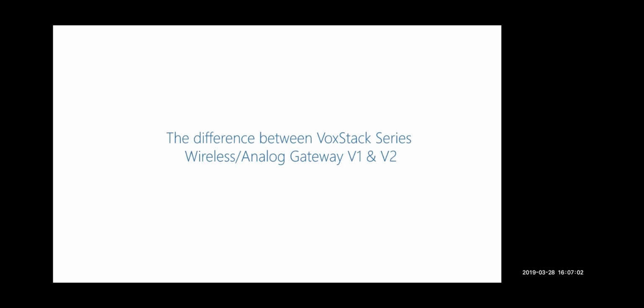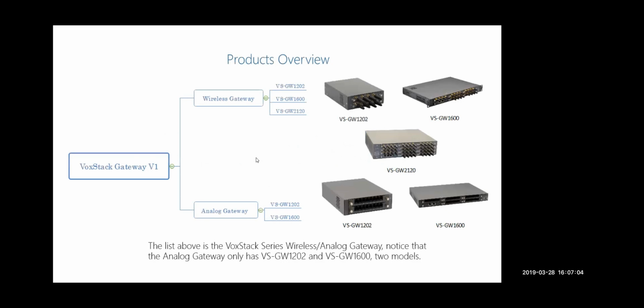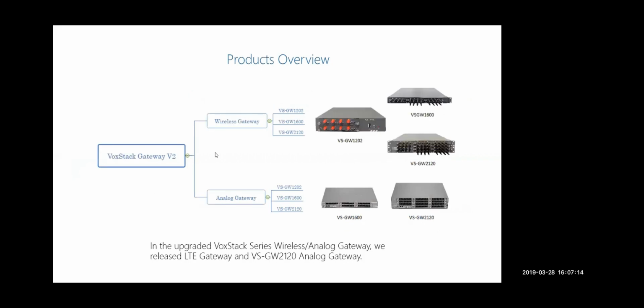On the whole, these two pictures show the old version and the new version VoxStack Series Gateway product list. Compared to Generation 1, Generation 2 has a new wireless gateway model, which supports 4G band and LTE standard, and an analog gateway model, which supports high-density channels.